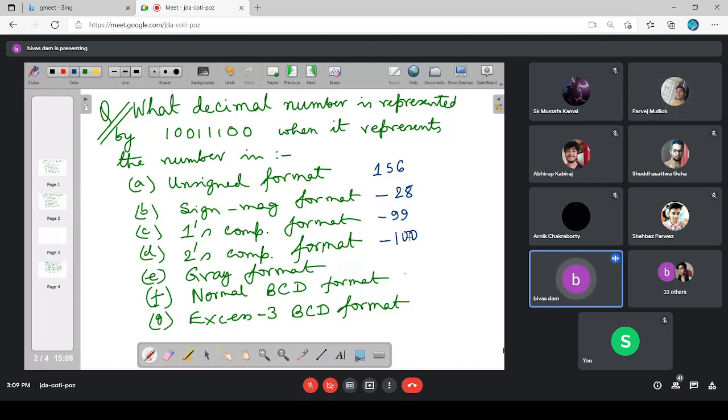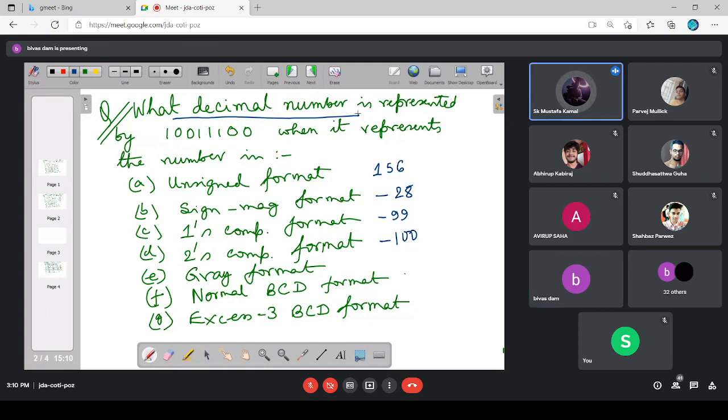No, no. You have to specify the decimal number. So 210.